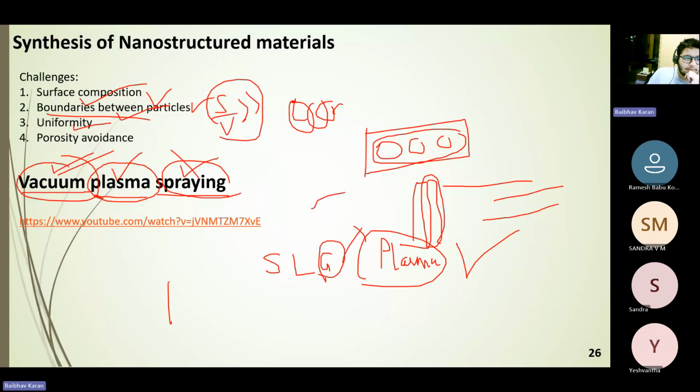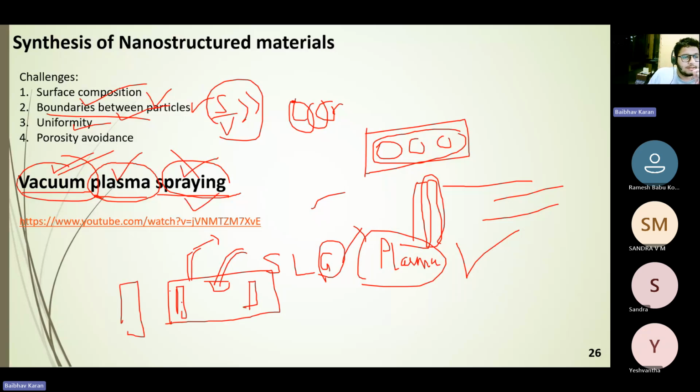That means we have a system here. We have a chamber here, which is being vacuumed, and there is vacuum. Then to create the plasma, we have an anode and a cathode, which will provide the high energy to create the plasma. Then we have a powder feeder here, and a substrate here, because we need spraying also.